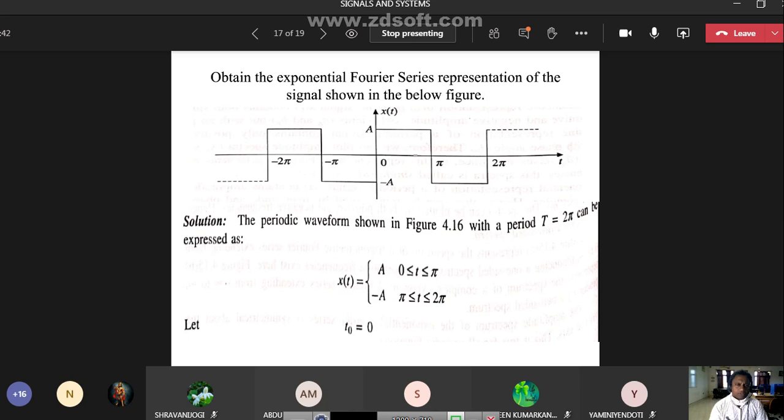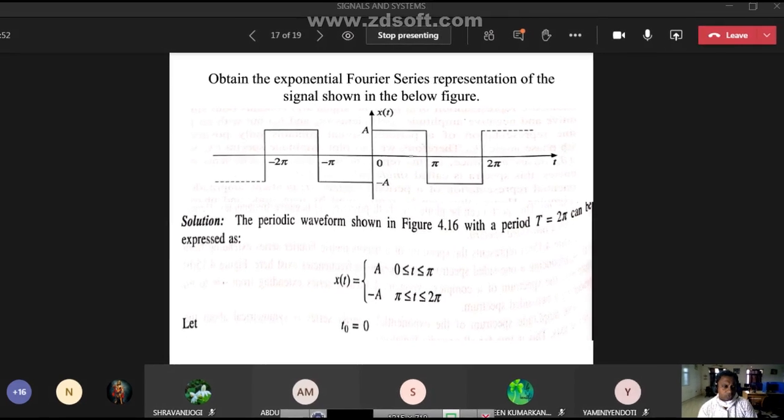So the period of the signal is 2 pi. Now, what is the fundamental frequency of this signal? Can anybody tell me the formula?